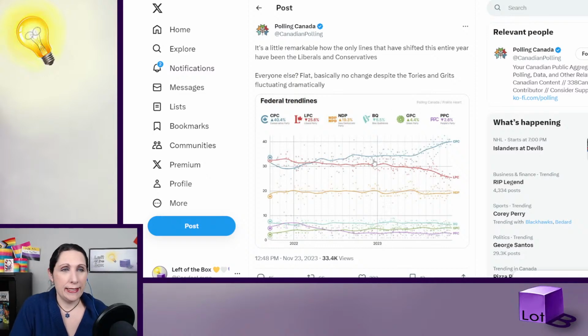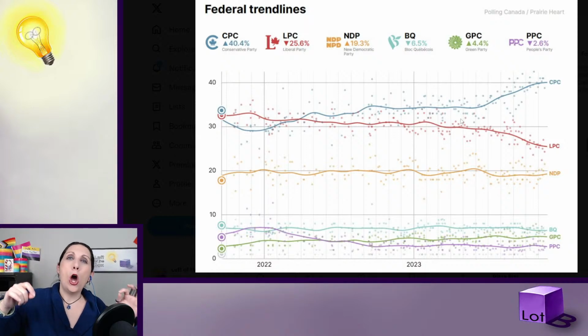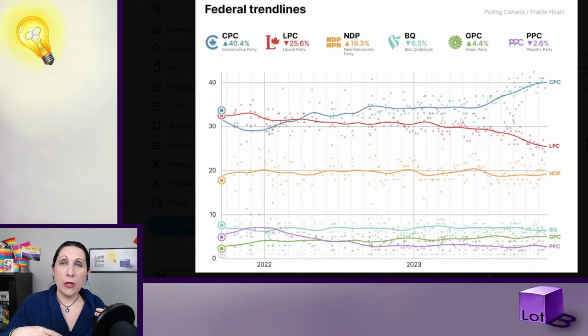From Polling Canada, you can see here the lines. So for the Americans watching, our conservatives are like your Republicans, and our liberals are like your corporate Democrats.